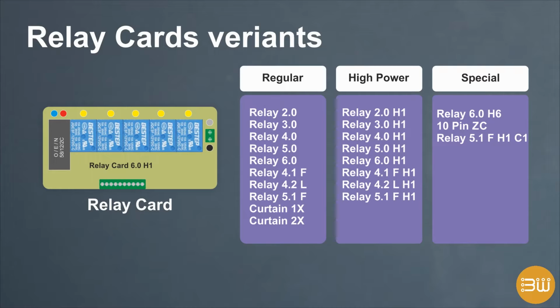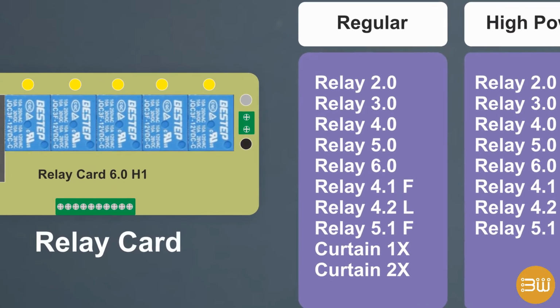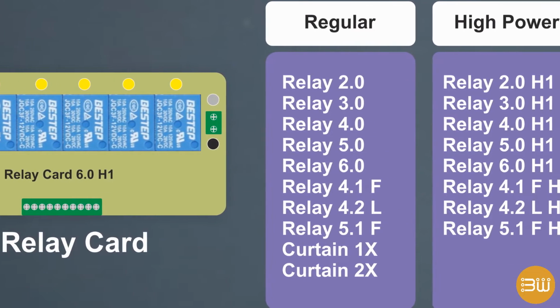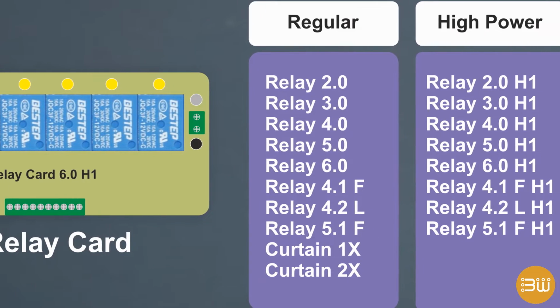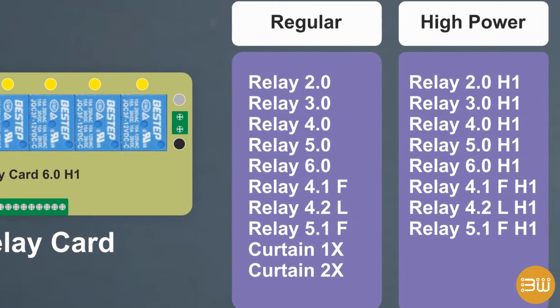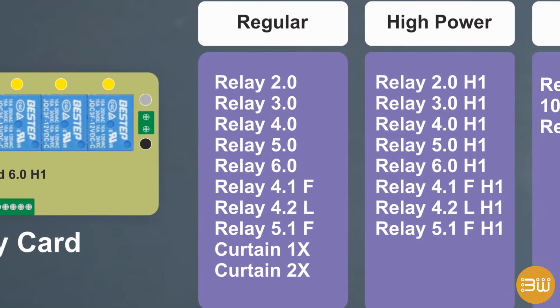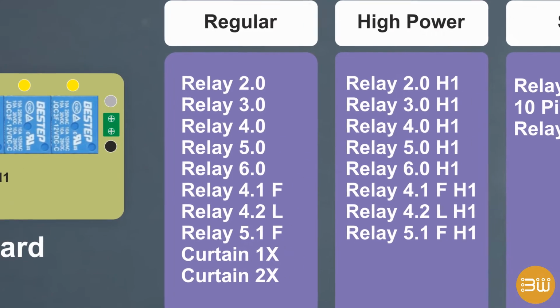Mainly relay cards variants are divided into three categories: regular series, high power series and special series. In regular series, available variants are Relay 2.0, 3.0, 4.0, 5.0, 6.0, 4.1F, 4.2L, 5.1F, Cotton 1X and Cotton 2X.